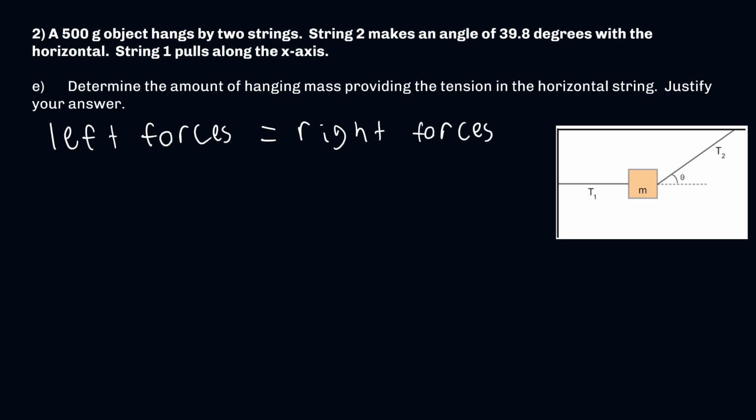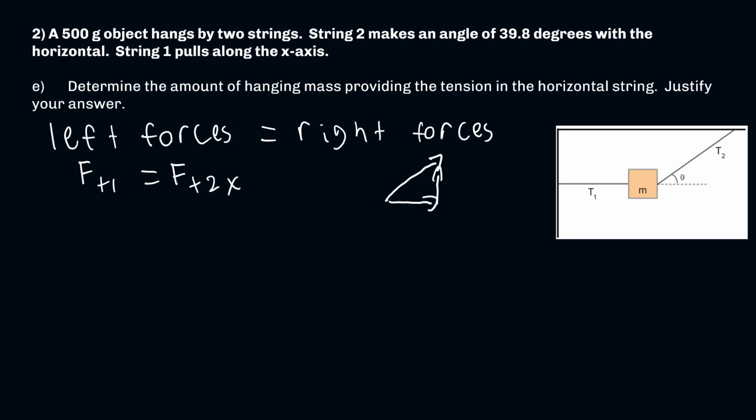So we can go one of two ways with this right now. Again, our left force here is FT1. Our right force is FT2x. Right now in our triangle, we have both the hypotenuse and the height, but we do not have the base. That's what we're attempting to find.